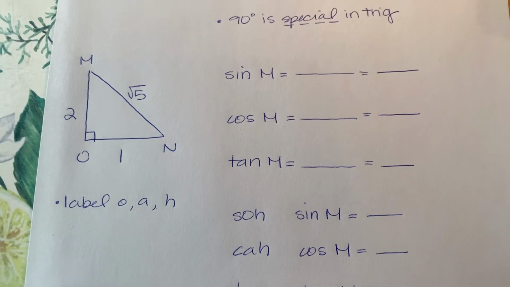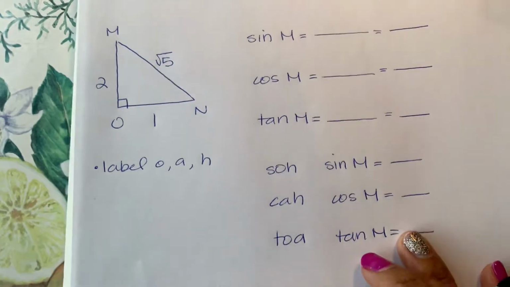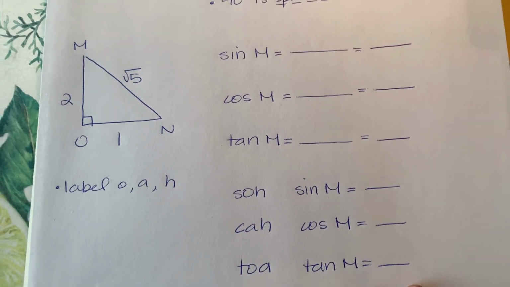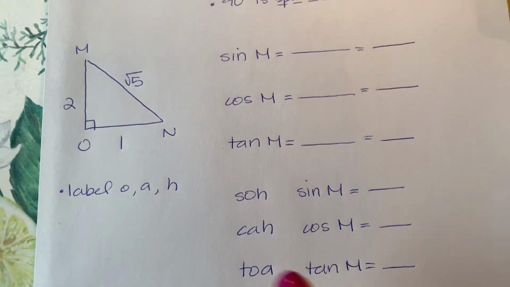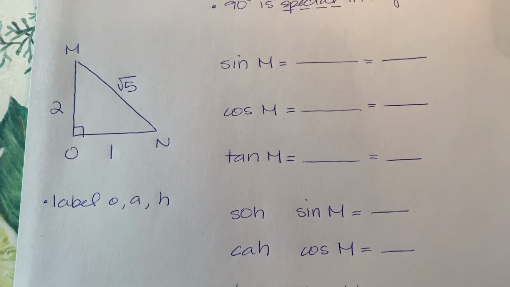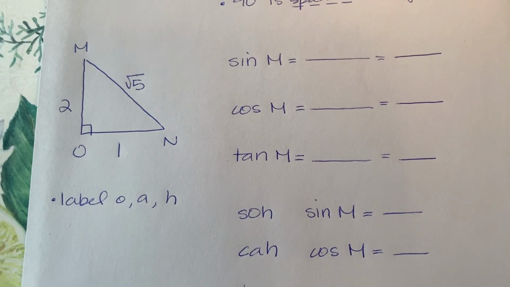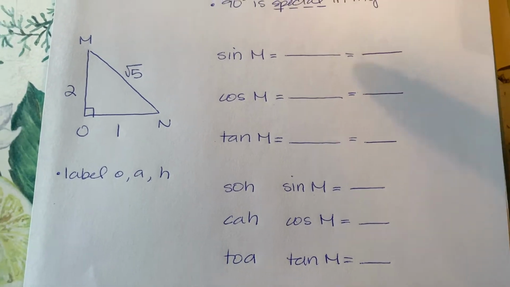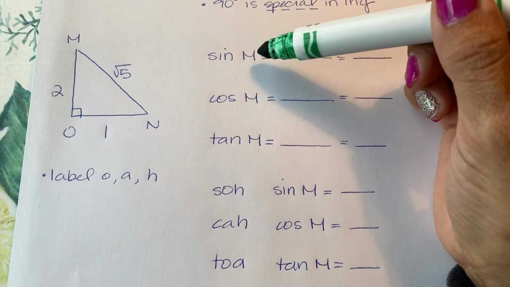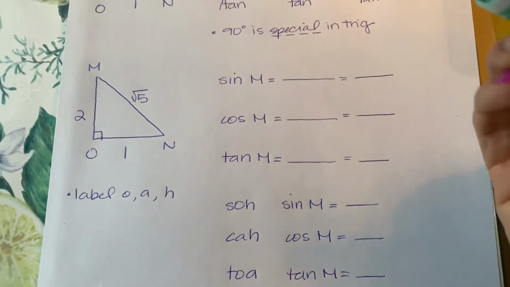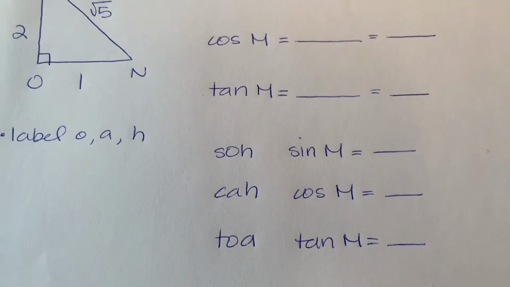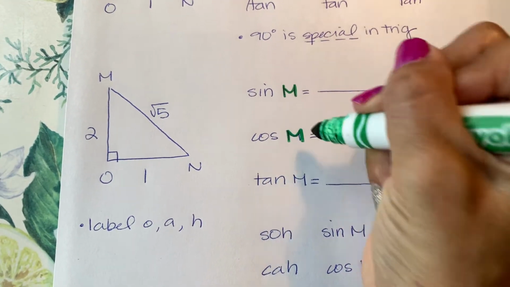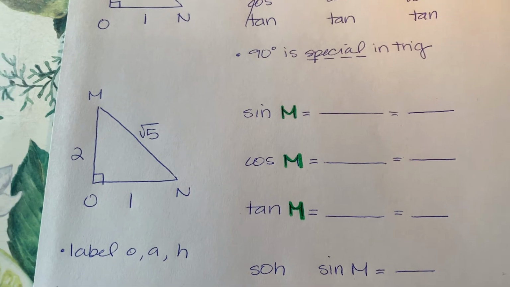OAH, opposite adjacent hypotenuse. Now, I have a lot of writing here because I'm the teacher, I'm supposed to. Like I said, we're going to go back to the worksheet and keep it student friendly. You have to label OAH, but the way opposite, adjacent, and hypotenuse are labeled is based on the angle that you're focused on. So you need to look at what it's asking you for. What's the angle? M, M, M. It's like matchy-matchy.